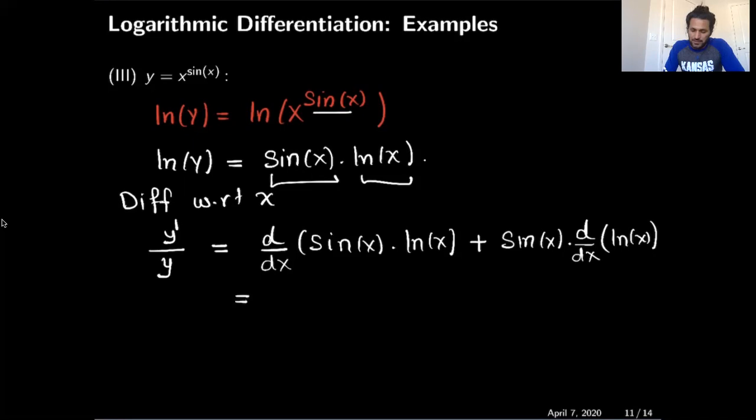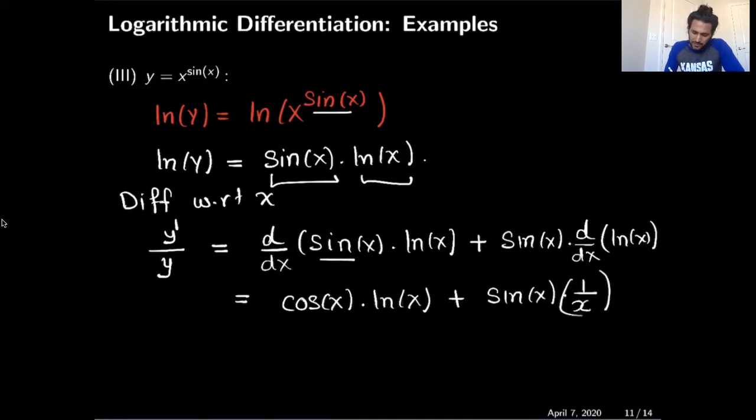The derivative of sine is cosine of x. So this is cosine of x times natural log of x as it is, plus sine x, and the derivative of natural log of x is 1 over x, which we learned in the previous video also.